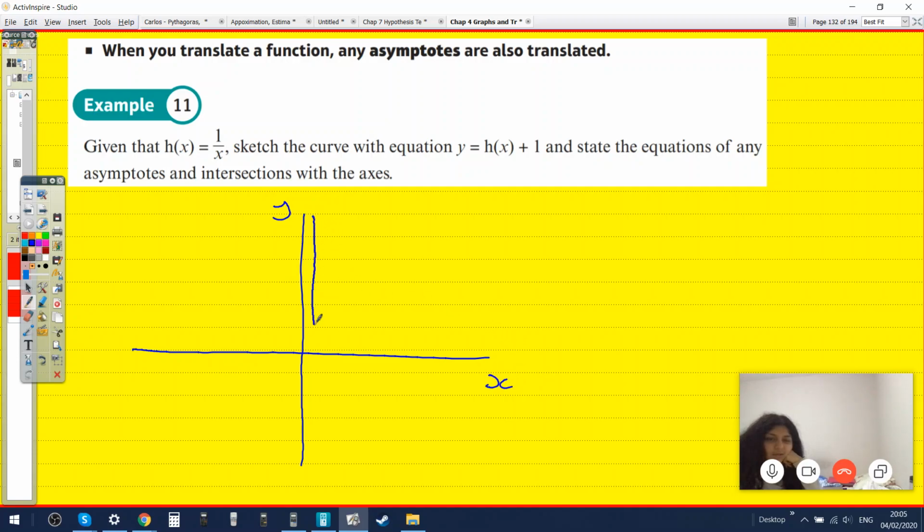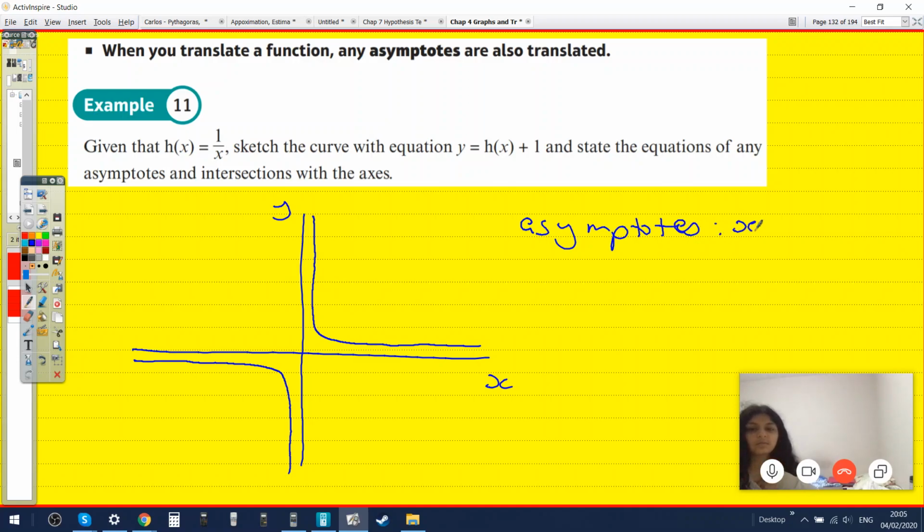Yeah. So the asymptotes of the original are x equals 0 and y equals 0, because those are the lines that they get close to but never touch. What will happen to this? How will that change it?